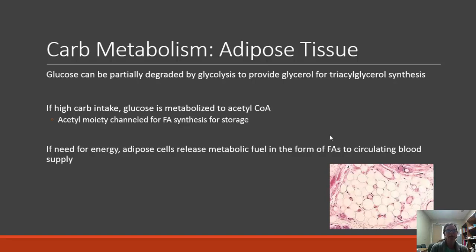So if we have a really high carbohydrate intake, that can contribute to the development of triglycerides. Throughout this class, I'll use triglycerides or triacylglycerides interchangeably. They're the same thing. Also, when glucose is converted to acetyl-CoA, that can be used for fatty acid synthesis.